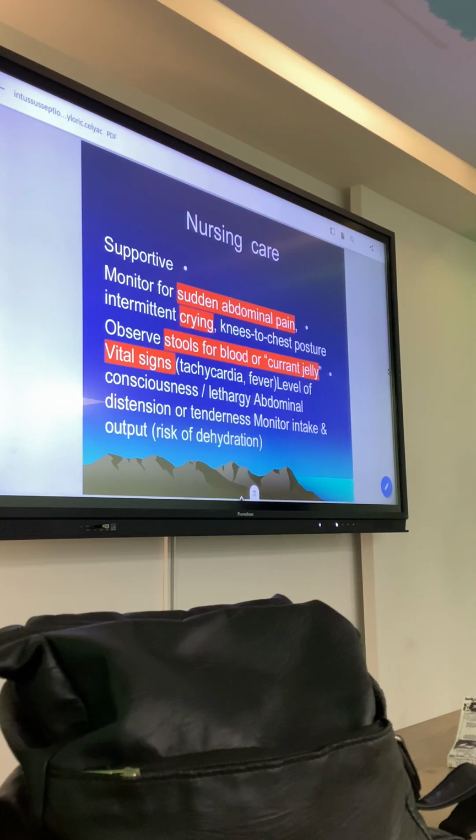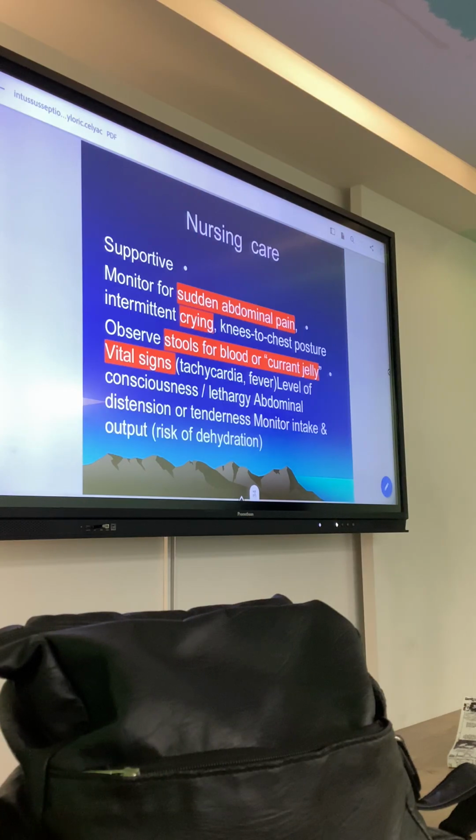Ask the mother about bleeding in the stool, that is because of gangrene, because of pressure. Check vital signs, tachycardia, fever, level of consciousness, lethargy, abdominal distension, tenderness. Monitor intake and output, very important for you.